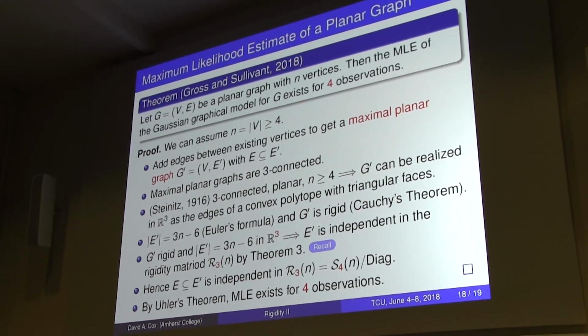But also we have Cauchy's theorem. Hey, this guy has triangular faces. It's rigid. So what we have is local rigidity and this.